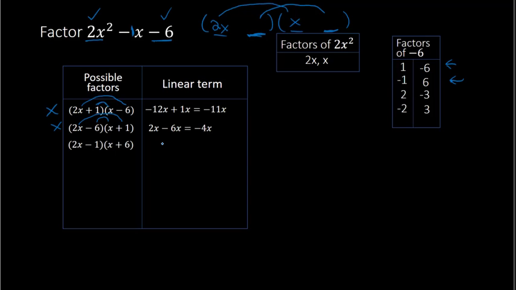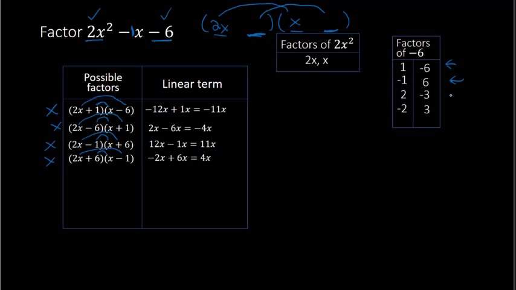Plugging -1 and +6 in, if we check the middle term, we find that we have -1x plus 12x, which would be 11x. So that one still does not work. So I need to switch the -1 and 6 again and put the 6 with the 2x and see what that does. If I check this one, 6 times x is 6x, 2x times -1 is -2x. Those would add to get 4x, which does not work either.